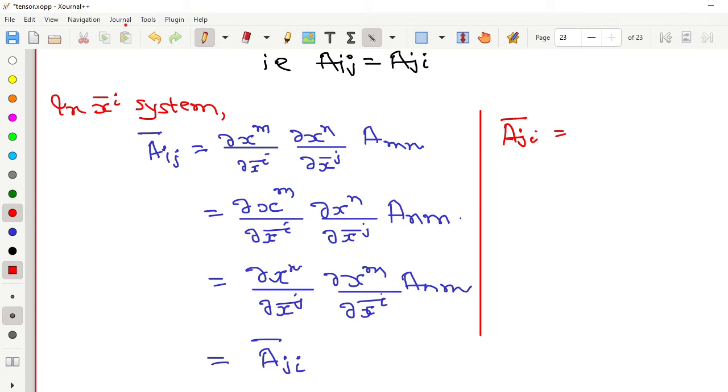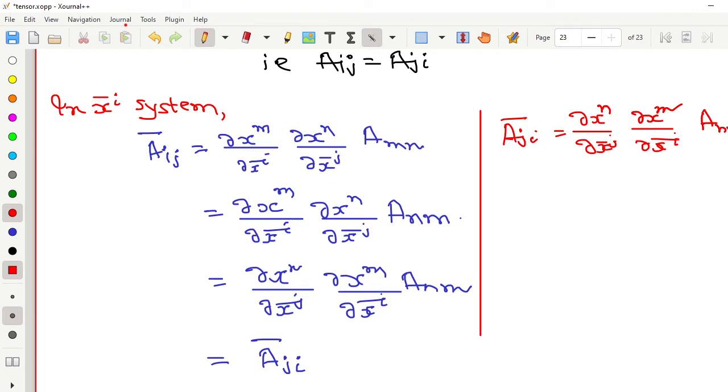What is the transformation rule of a_ji? These are covariant indices, so del x bar j and del x bar i will be over here, and here I write del x^n and del x^m. So that should be what?